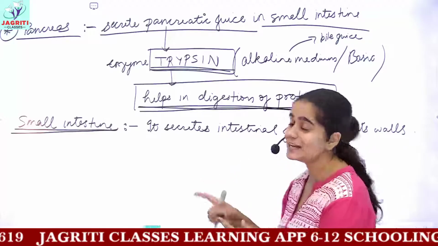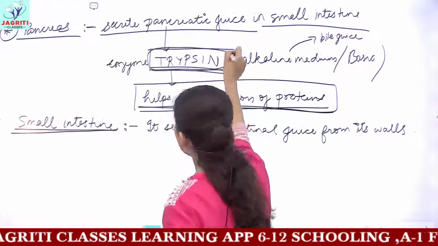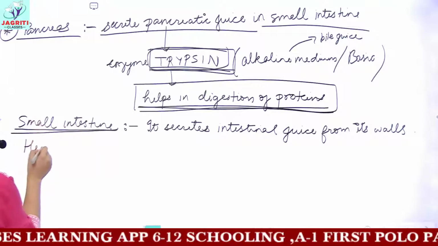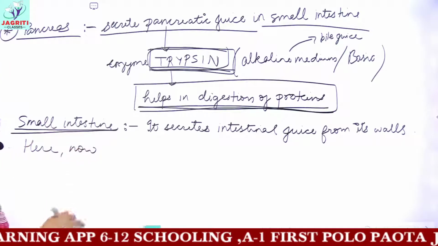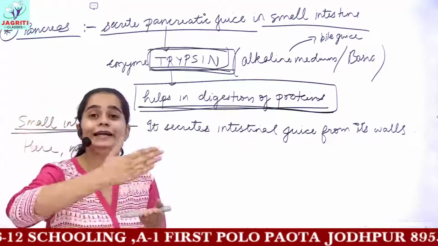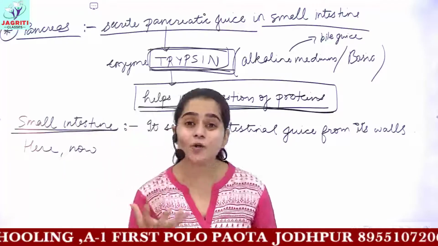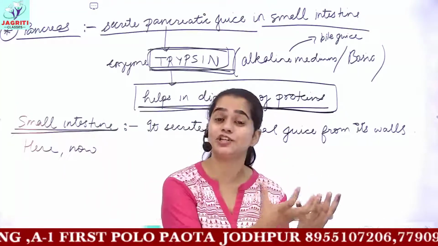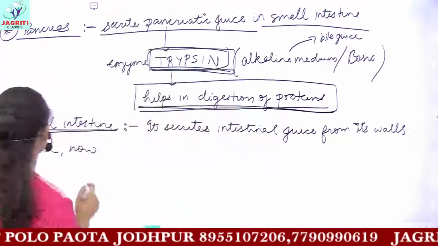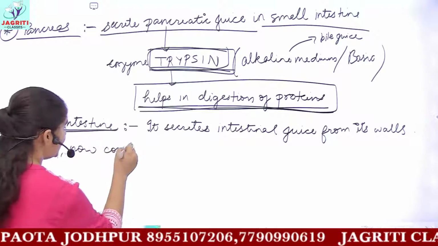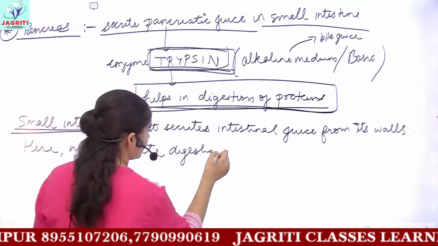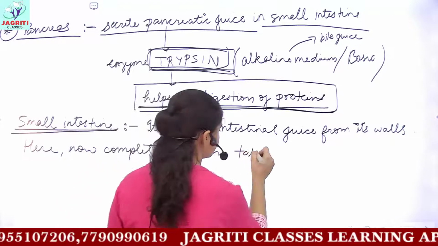And this intestinal juice along with trypsin and the bile juice or bile salts, here now complete digestion occurs. That is, all these secretions work together and completely digest your food or break down your complex incompletely digested food into simpler forms which can be easily absorbed. So here now complete digestion takes place.